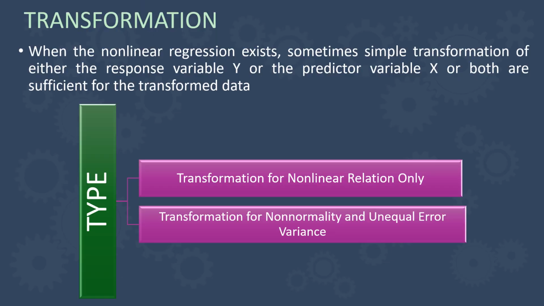Moving on to the transformation part. In regression analysis, we often need to apply transformation to handle the non-linearity issue or non-normality issue in our data. If we are dealing with the non-linearity issue, let's say our relationship between X and Y is not linear, we can apply transformations such as polynomial terms, where we add the quadratic terms, the log transformation, or the power transformation.